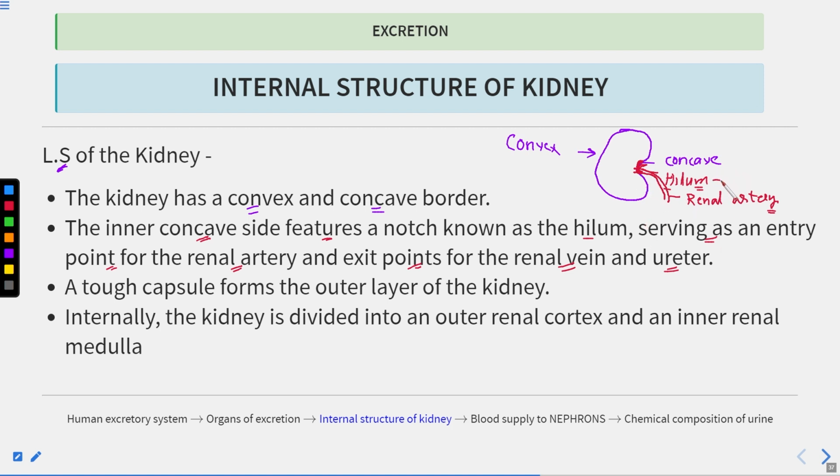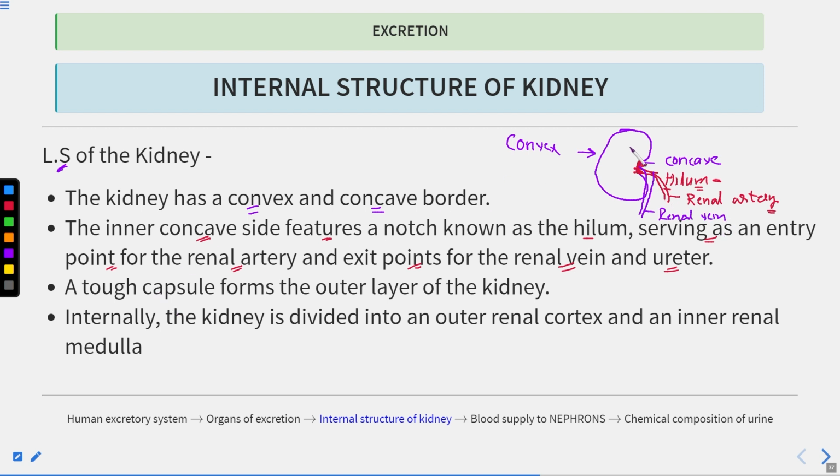So this is happening here at the hilum. The hilum is a notch, a depression where the renal artery enters and the renal vein leaves the kidney and goes towards the heart. Now, you can draw another one here. So this is the renal vein. And then you can draw the ureter also here.